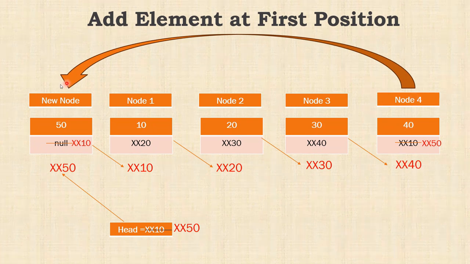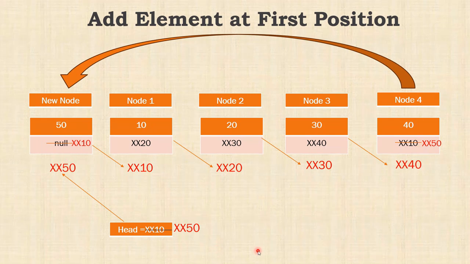We have already added the element at the first position. So if you find this is the last node, then we can assign the address of the new node inside node 4. So firstly we have to find node 4, that means the last node, and then we can do node 4 dot next equal to head.